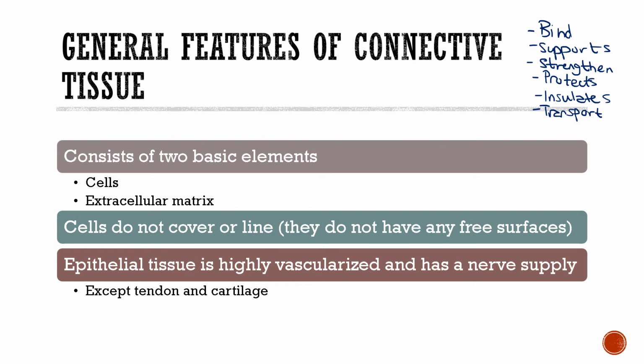For example, blood is actually a fluid connective tissue. It also compartmentalizes structures like skeletal muscle. It's also the primary location of stored energy reserves like adipose or fat tissue.